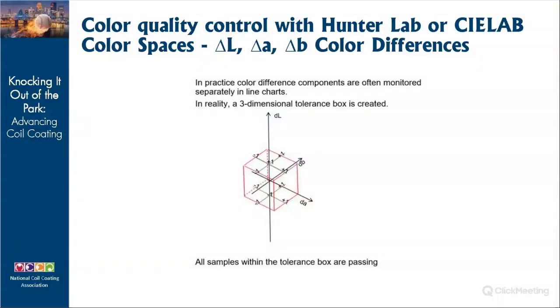So what are some of the differences? First, we'll break down where the industry is right now using LAB. In tolerancing terms, it doesn't matter if you're talking CIELAB or Hunter LAB, the tolerancing system works the exact same way, and you have a 3-dimensional box.